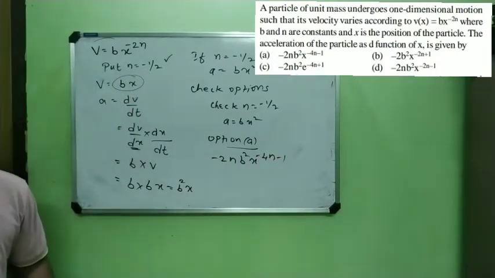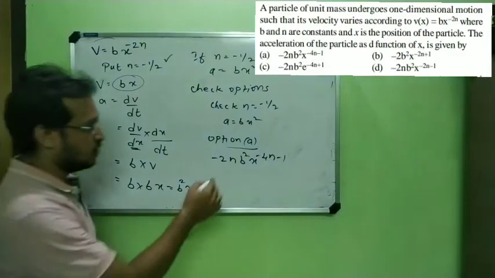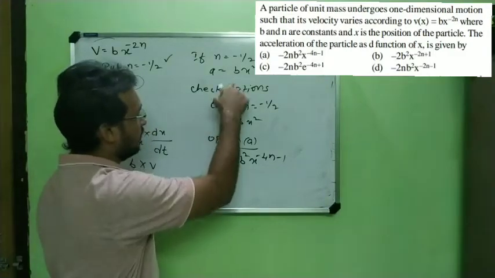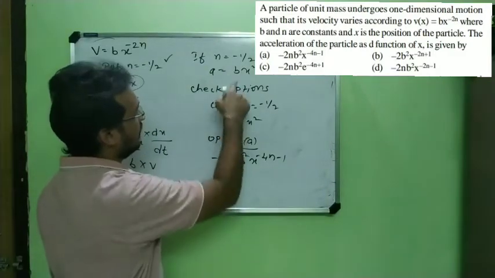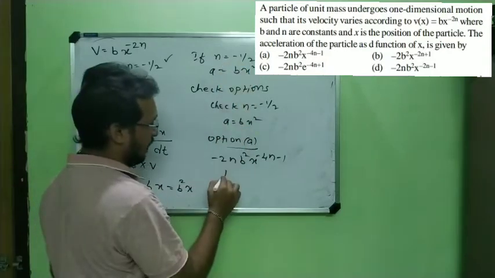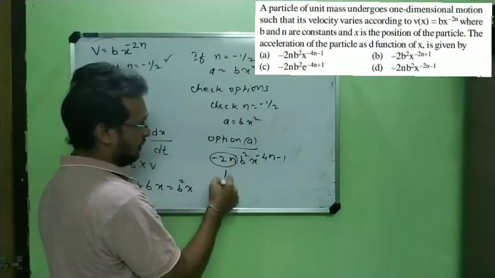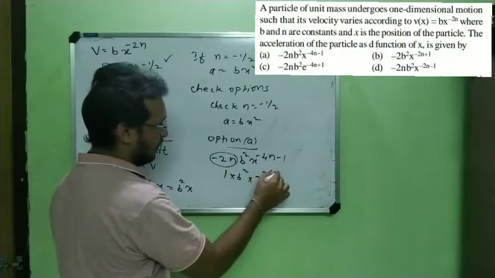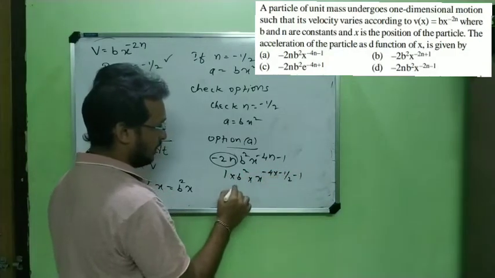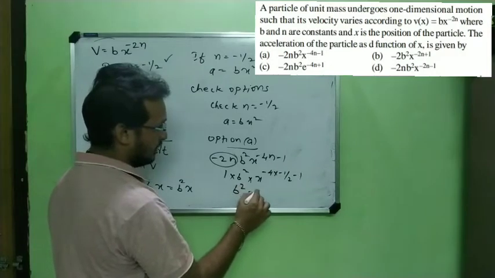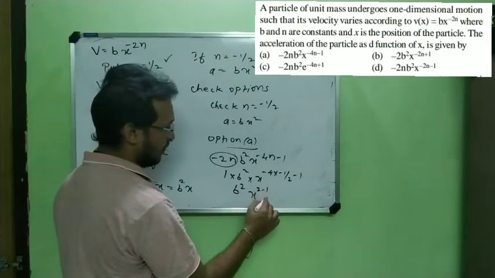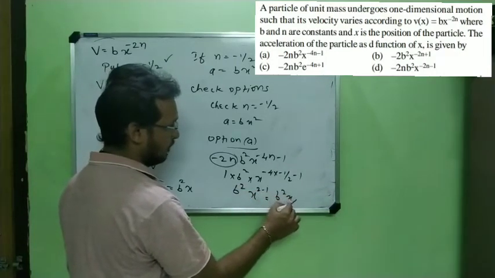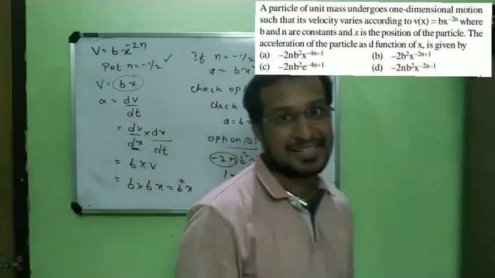Yes, the first option is this one. So I put n equal to minus 1 by 2. What is minus 2n equal to? You will get 1. Then b square x raised to minus 4 into minus 1 by 2 minus 1, that is b square into x raised to 2 minus 1. That is, you will get b square x itself. Only option A will satisfy the equation.